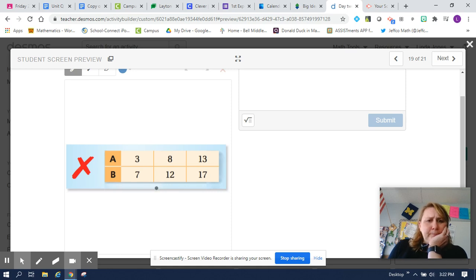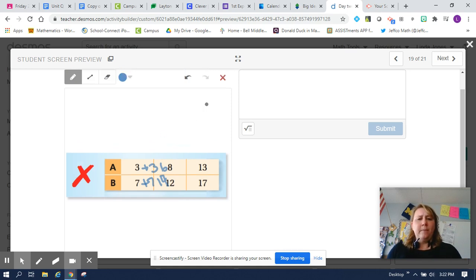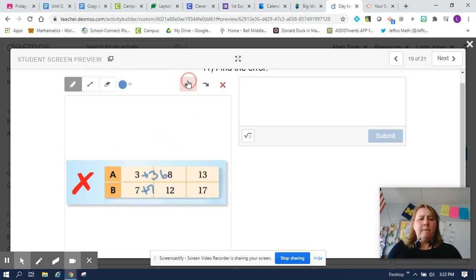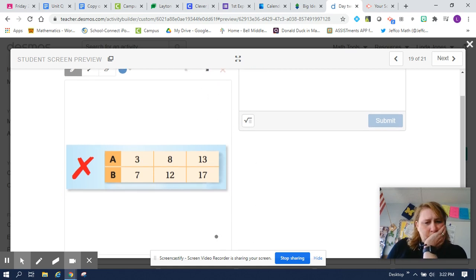Well, if they were doing the ratio method and they did plus 3 on the top, they would have 6, not 8. Or plus 7, they would have 14, not 12. So I don't think they're doing the adding method. What are they doing?